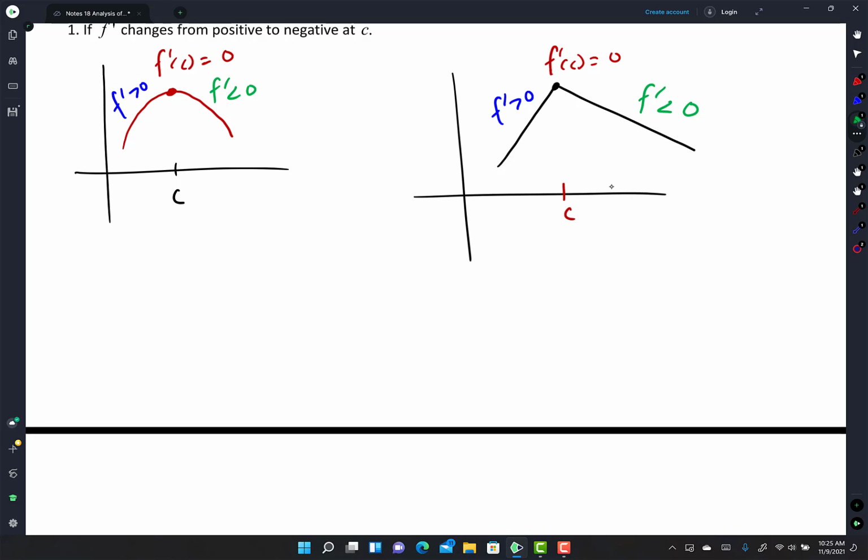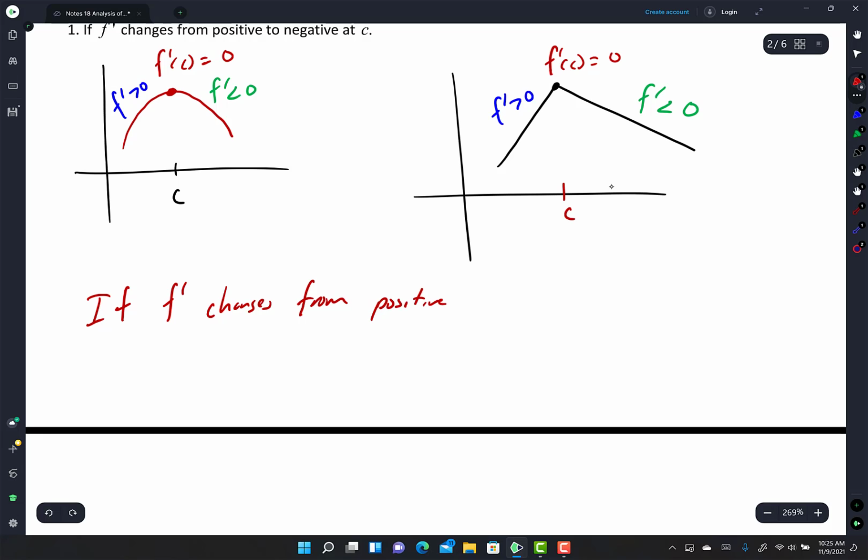So I'm going to write that statement. What statement am I going to write? If f prime changes from positive to negative at x equals c, f of c is a max at x equals c.